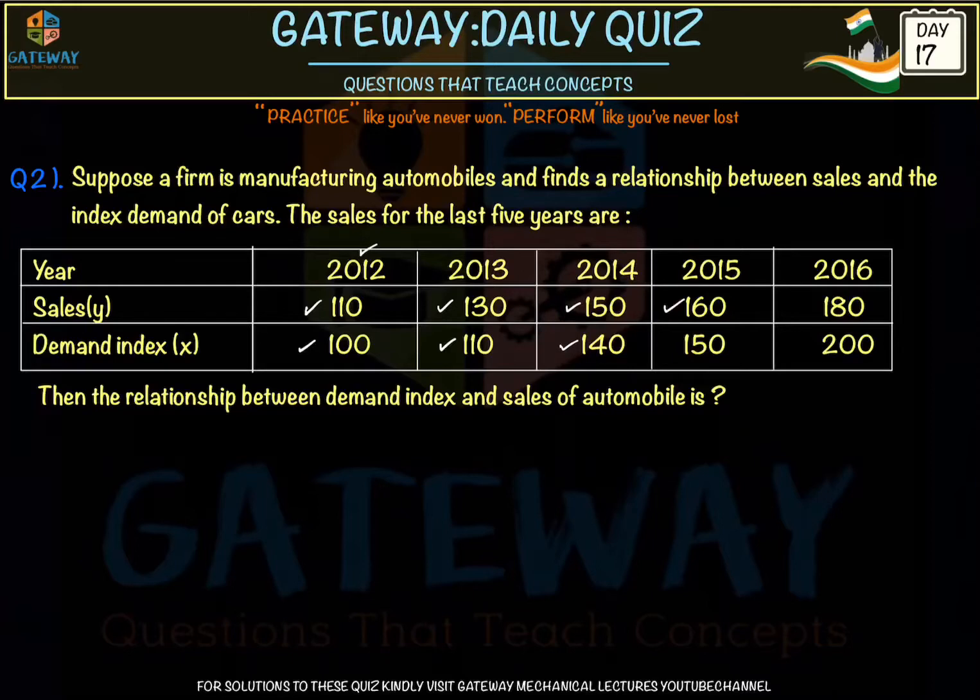In 2015 the sales was 160 while the demand was 150. But in 2016 the sales was only 180, while the demand was 200. So it was a relation given, and if you observe 110, 100, 130, 110, it is not having much variation, right? So the values of y and x are not having very much variation.